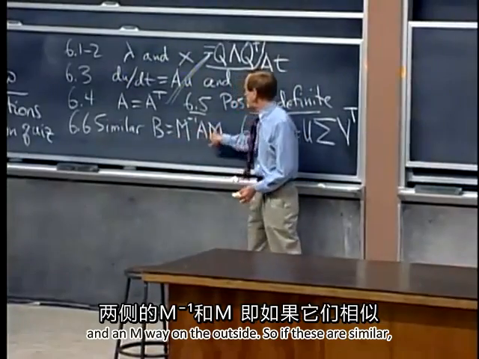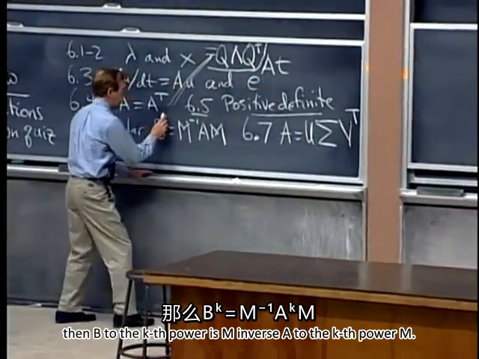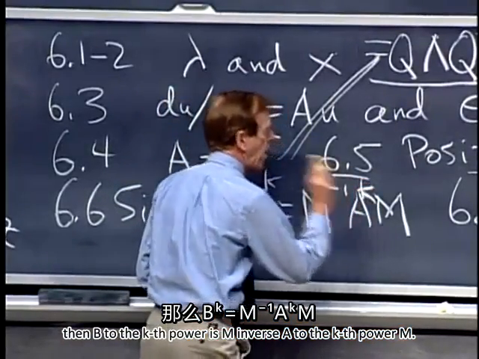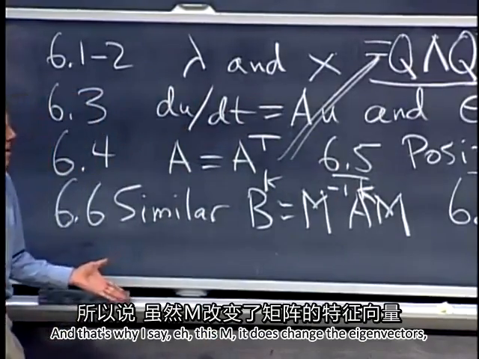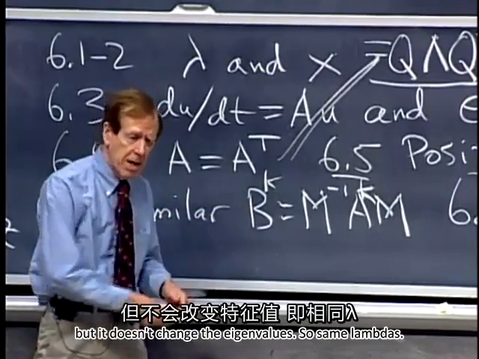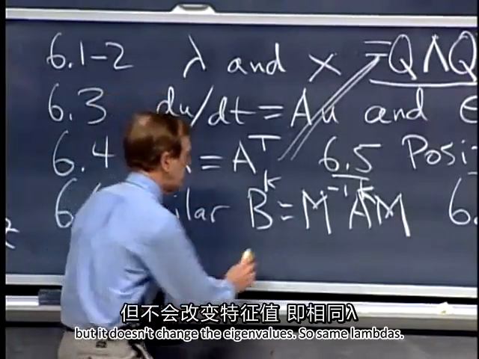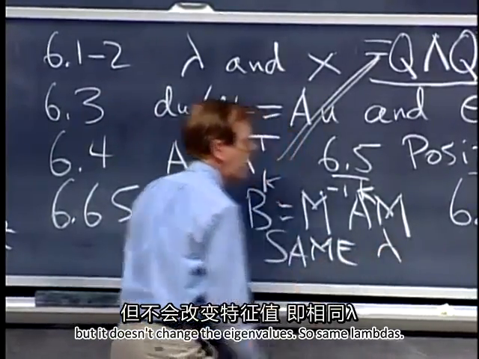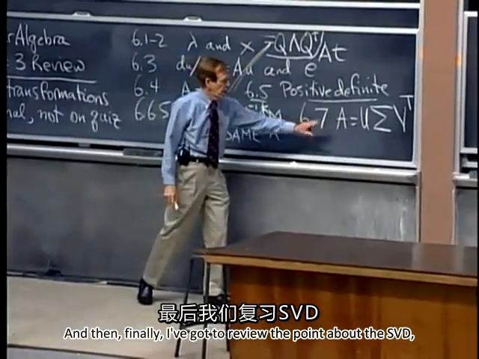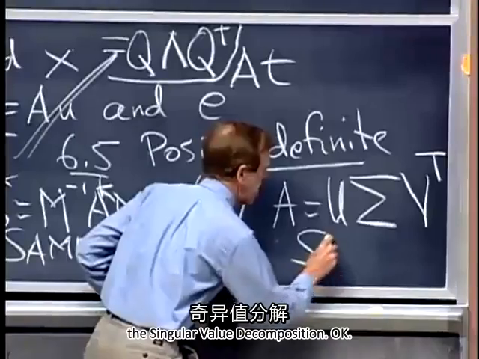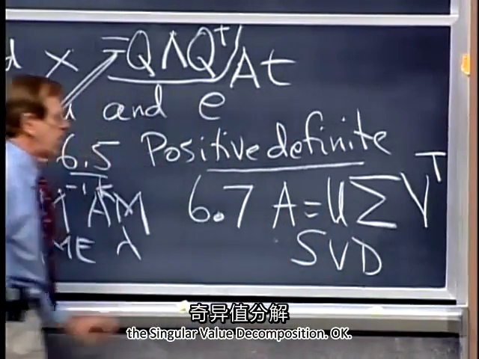So if these are similar, then B to the kth power is M inverse A to the kth power M. And that's why I say this M does change the eigenvectors, but it doesn't change the eigenvalues. So same lambdas. And then finally, I've got to review the point about the SVD, the singular value decomposition.